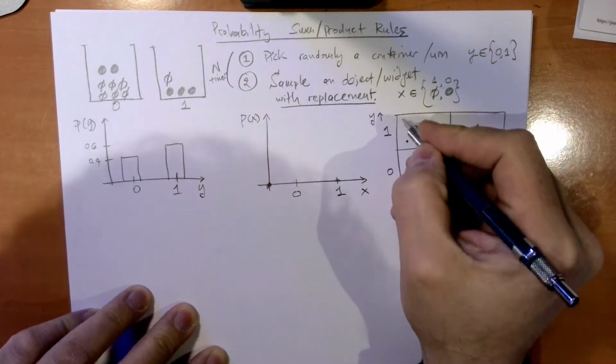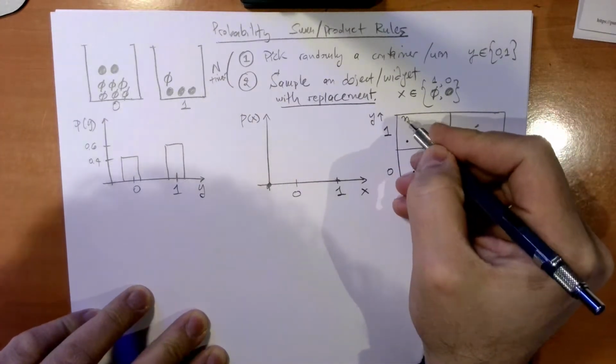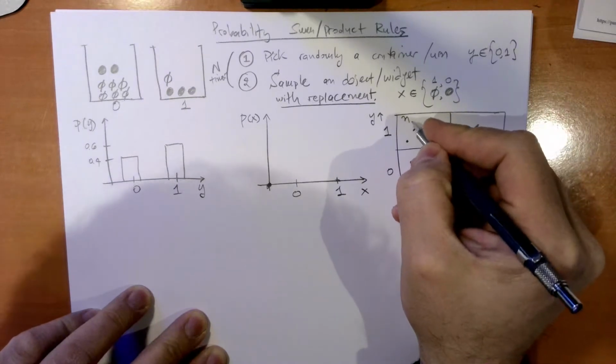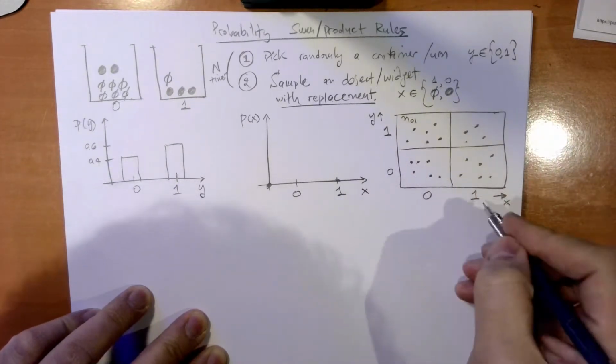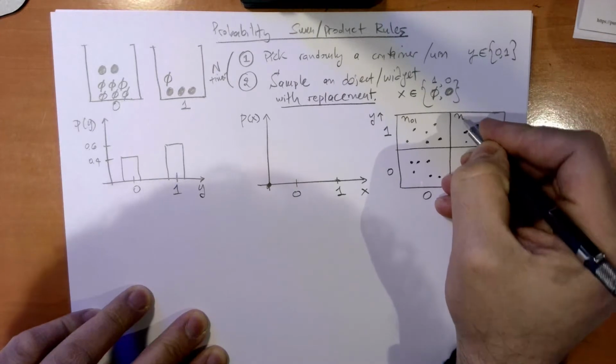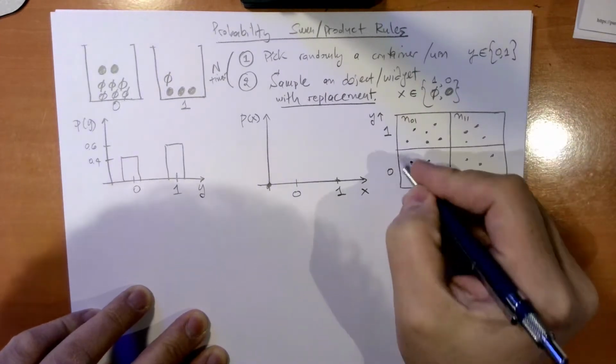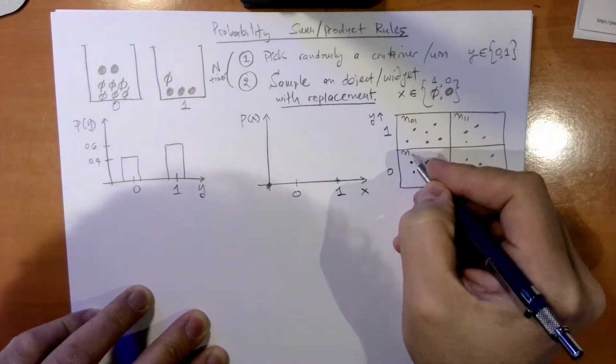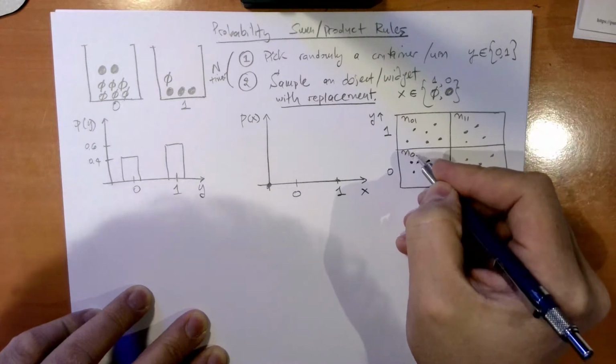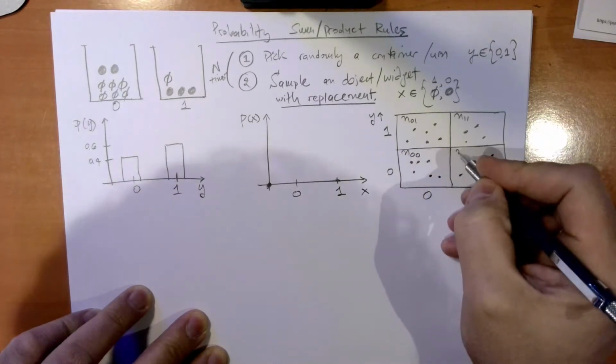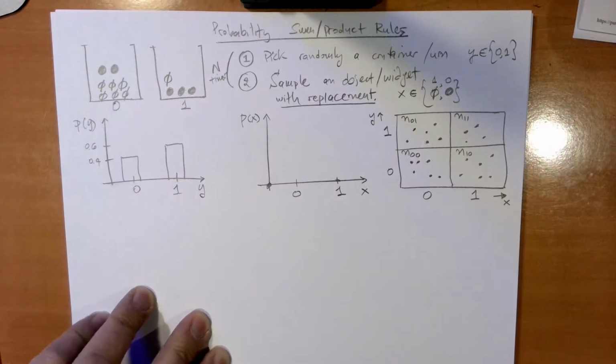It's just a convention; the indexing is not necessarily important. In this case, it makes sense to call them 0, 1, and 0, 0, and 1, 0.